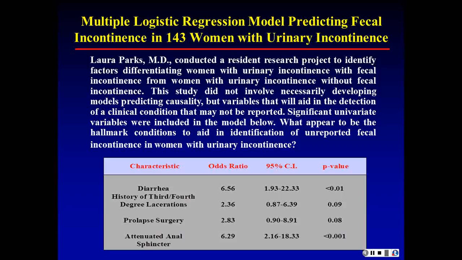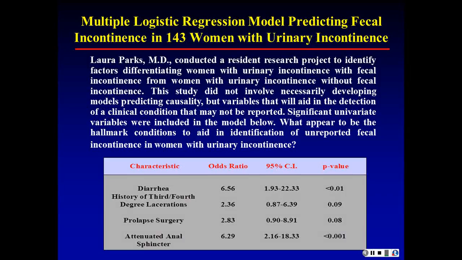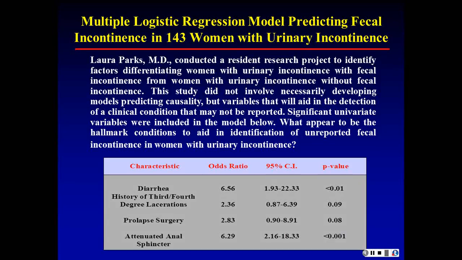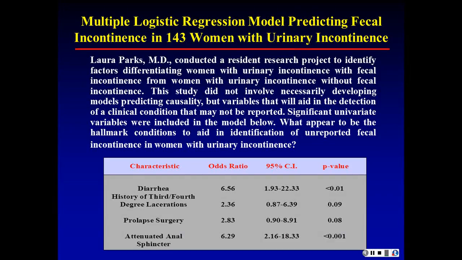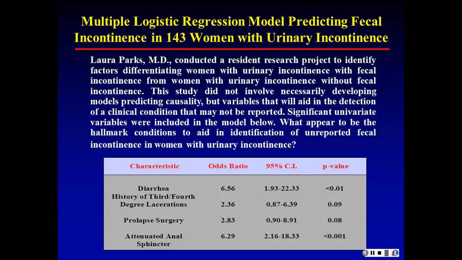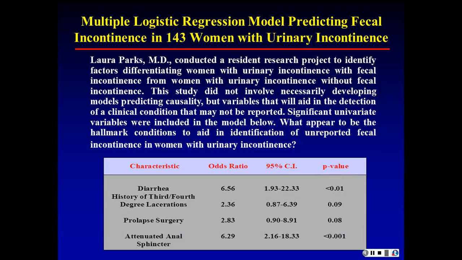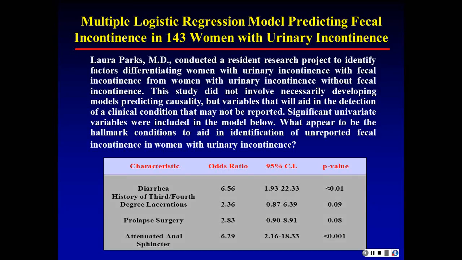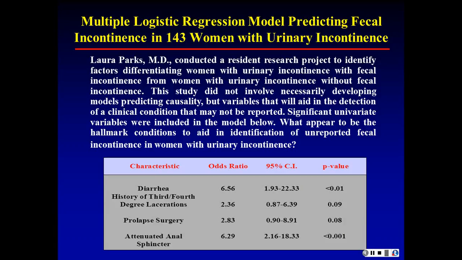All right. Anyway, what Laura and Dr. Steele wanted to do is, if you had fecal incontinence that was undisclosed in women who were reporting for a primary complaint of urinary incontinence, they wanted to know, first of all, how many of these women with urinary incontinence had unreported fecal incontinence, and second, what factors or variables were associated with unreported fecal incontinence in women reporting for a primary complaint of urinary incontinence.